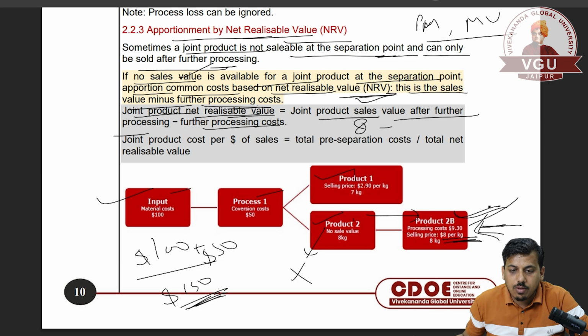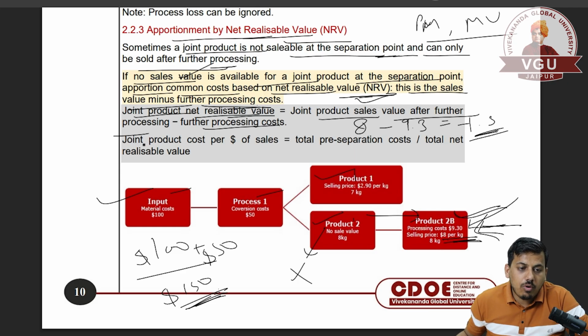Further processing cost is given here, that is 9.3. So we will write down here 9.3. So 8 minus 9.3 is somewhere around 1.3.